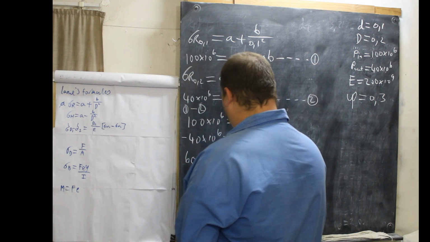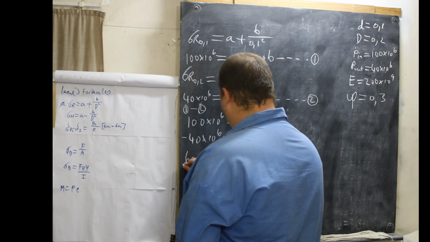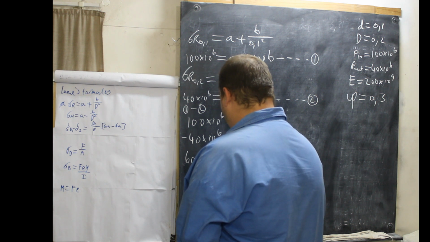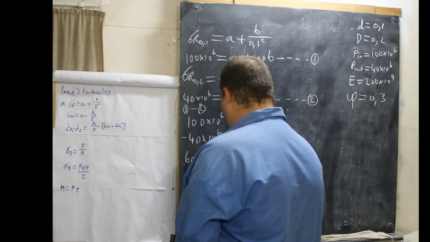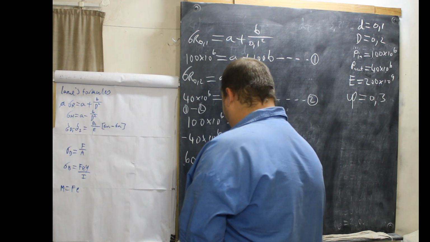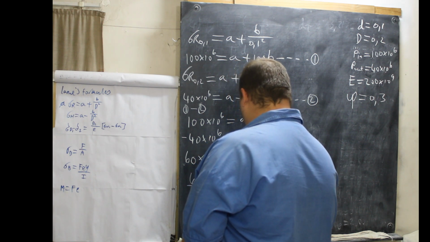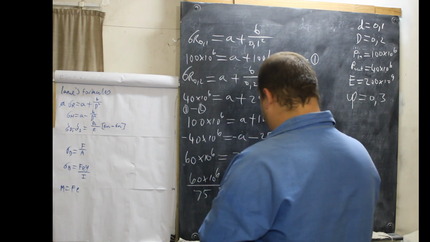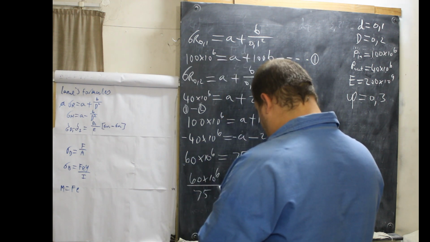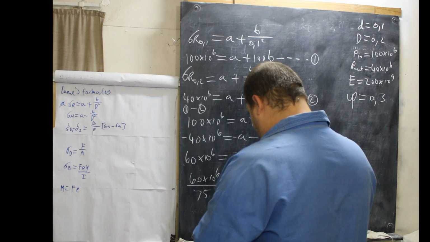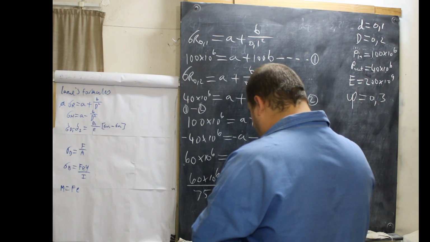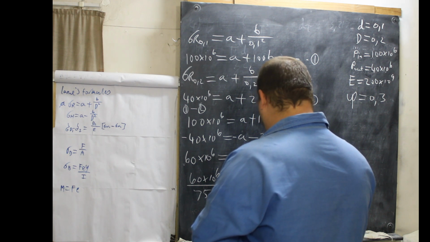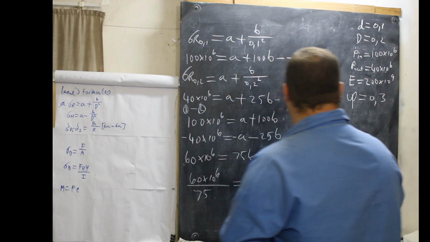And what we need is the answer here. So this is 60 times 10 to the 6 all over 75 equals B. And I think this is 800. 60 times 10 to the 6 over 75 is 800 times 10 to the 3.